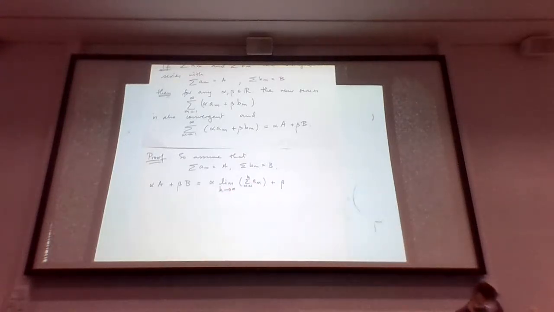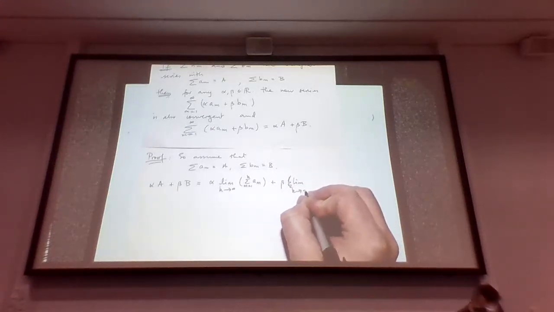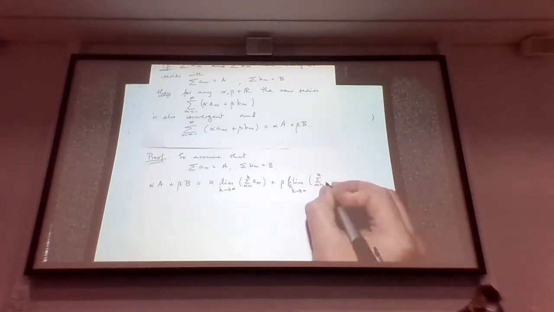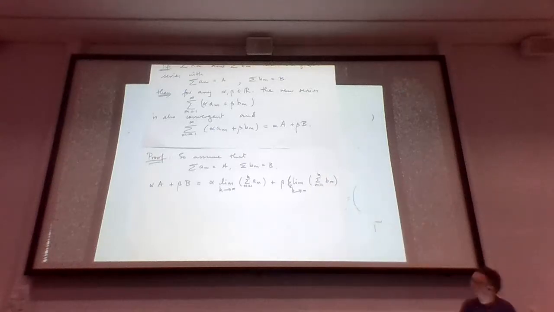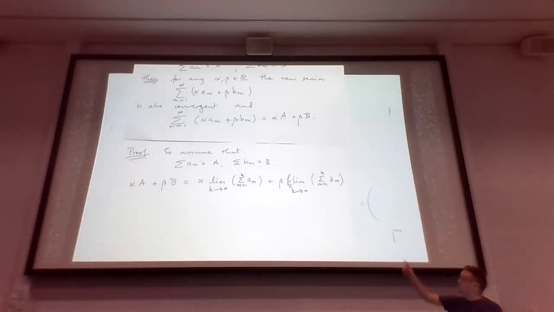And by definition, B is the limit as k goes to infinity of the sum up to k of the B series. That's how quantities capital A and capital B are defined.